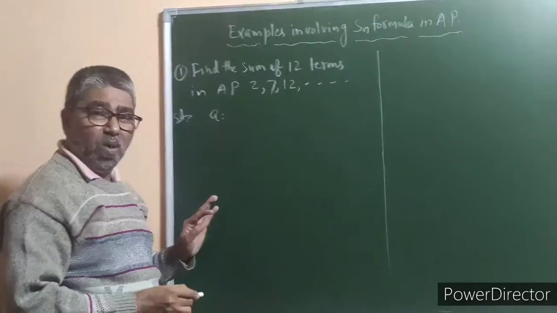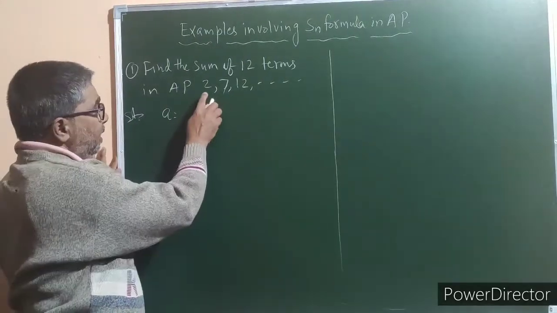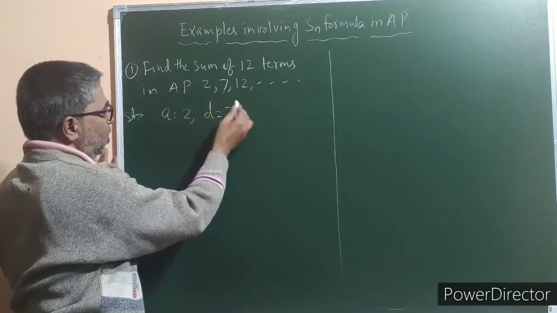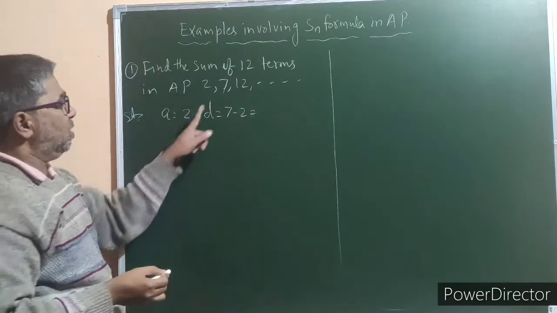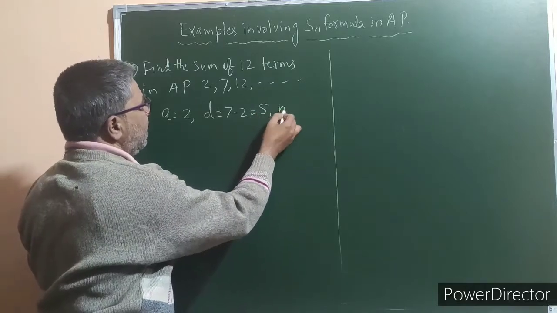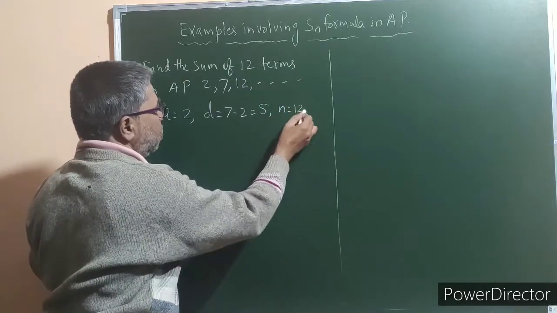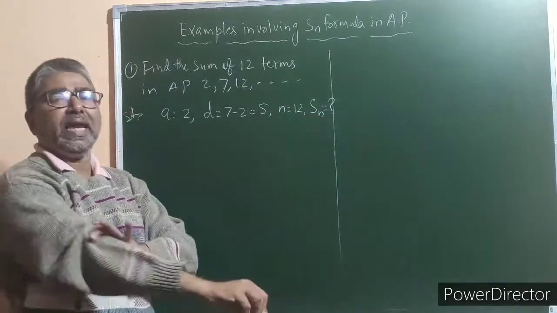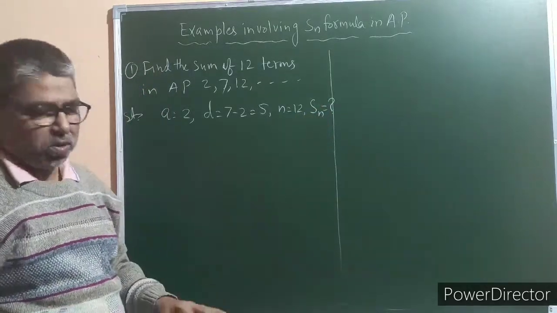A, the first term of the given arithmetic progression, is 2, d is 7 minus 2, which is 5, n is the number of terms, 12, and Sn is equal to question mark, or you may write S12 is equal to question mark.